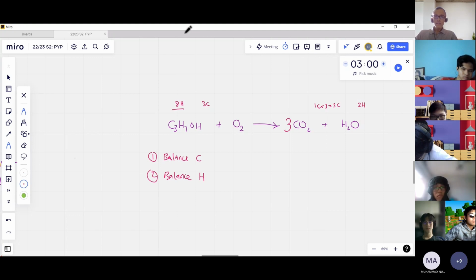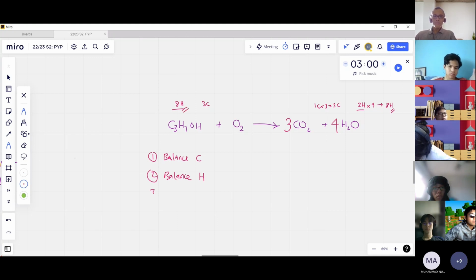Left-hand side, 8. Right-hand side, 2. So the easy way is multiply by 4. Of course, when I say multiply by 4, you will look at this guy, because only this guy has hydrogen, so you multiply by 4. So now I have 8H, same as left-hand side.